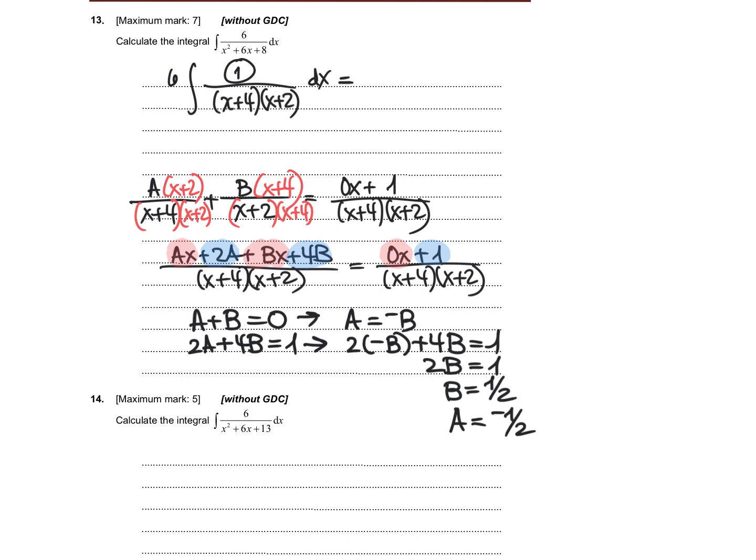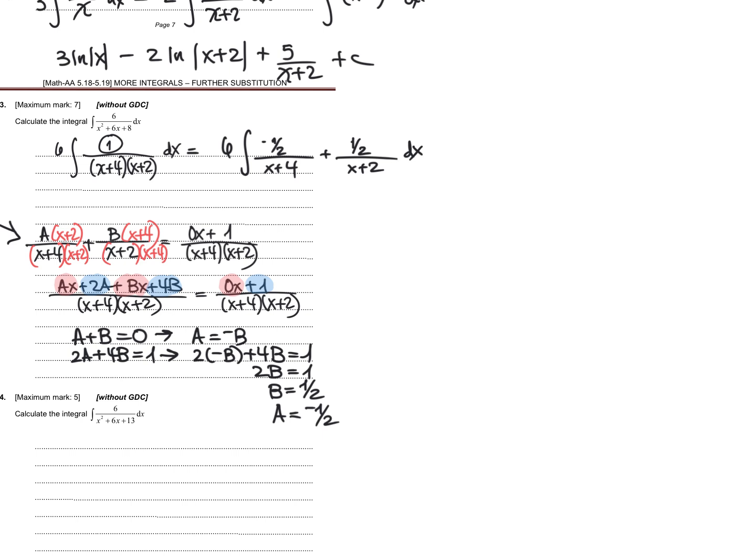So this up here is going to be 6 times the integral of negative 1/2 over x plus 4, just putting them back into this thing, plus b, which is 1/2, over x plus 2 dx.